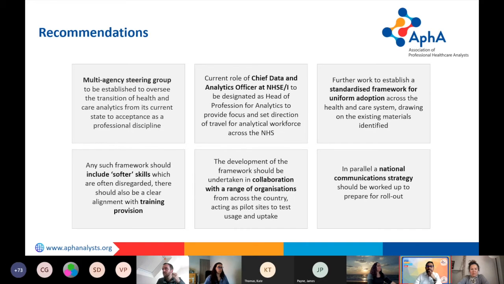Okay, so these are the recommendations that we came up with after looking at the desktop research, interviewing people, and looking at themes from the survey. If I just read it out in key summary, we need to establish a multi-agency steering group.